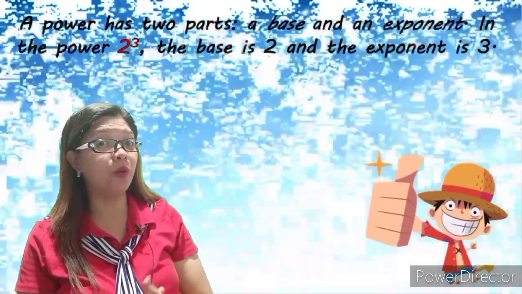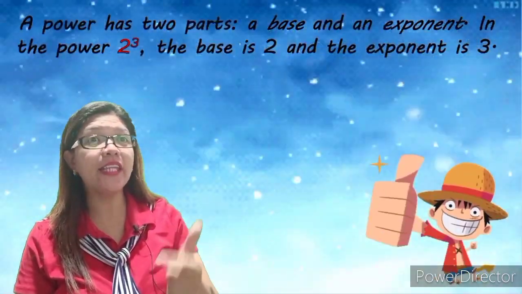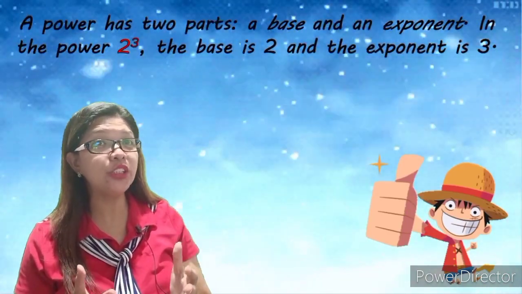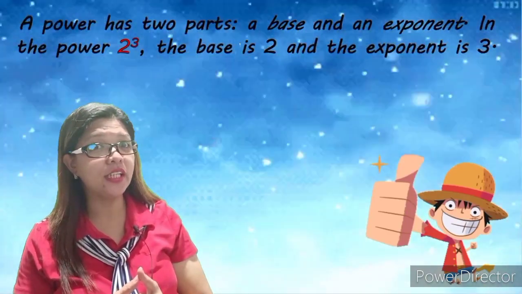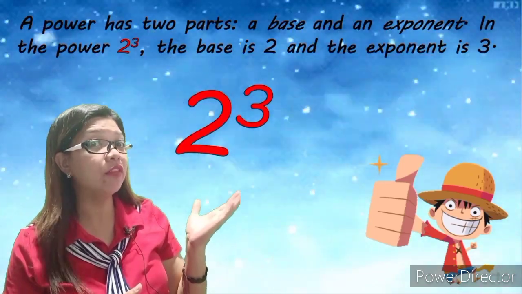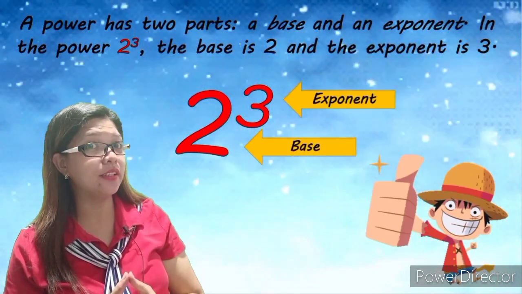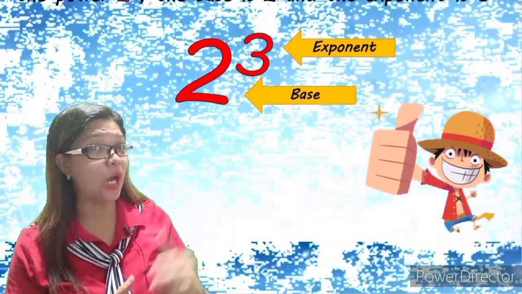A power has two parts, a base and an exponent. In the power 2 cubed, the base is 2 and the exponent is 3. In our illustration, we have 2 cubed. 3 is our exponent and 2 is our base.